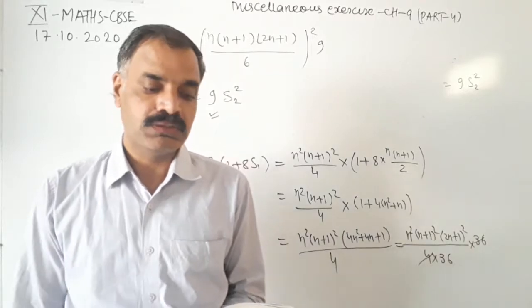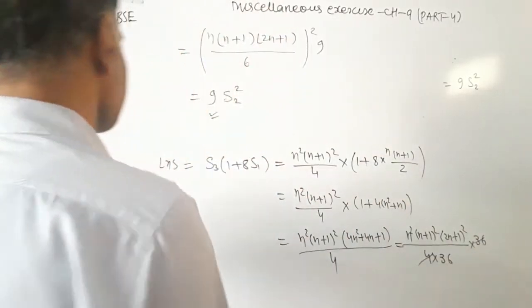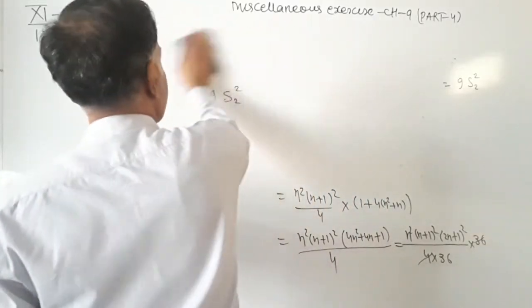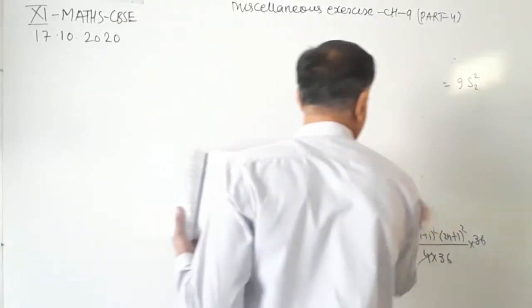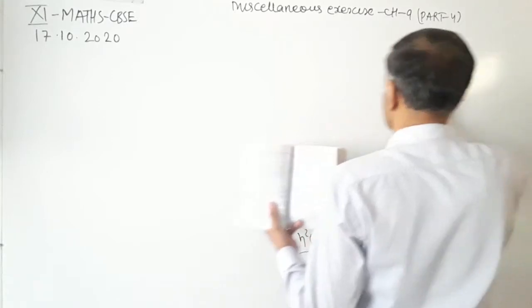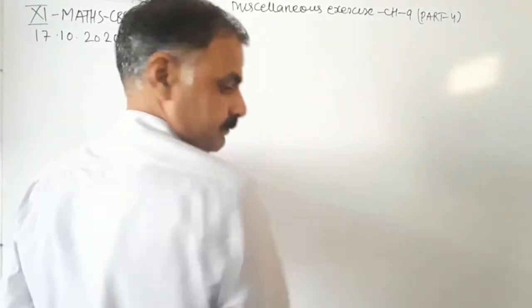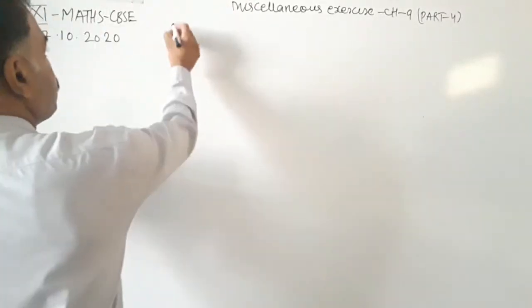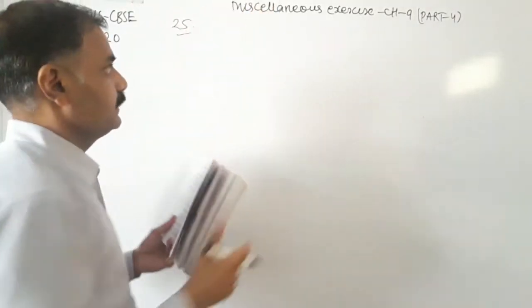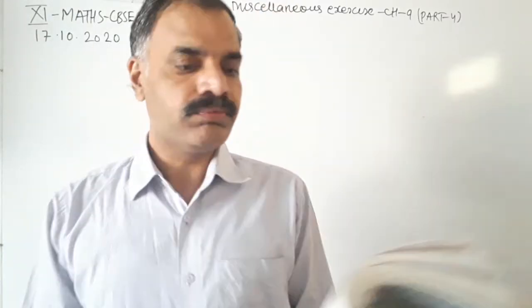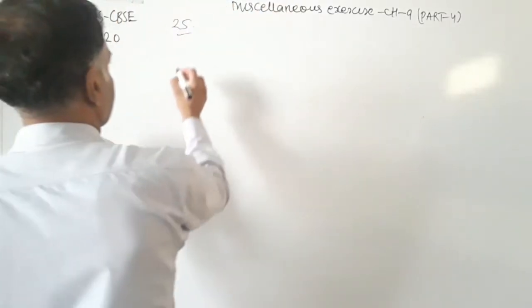Now we will take question number 25 of the miscellaneous exercise. Find the sum of the following series up to n terms.